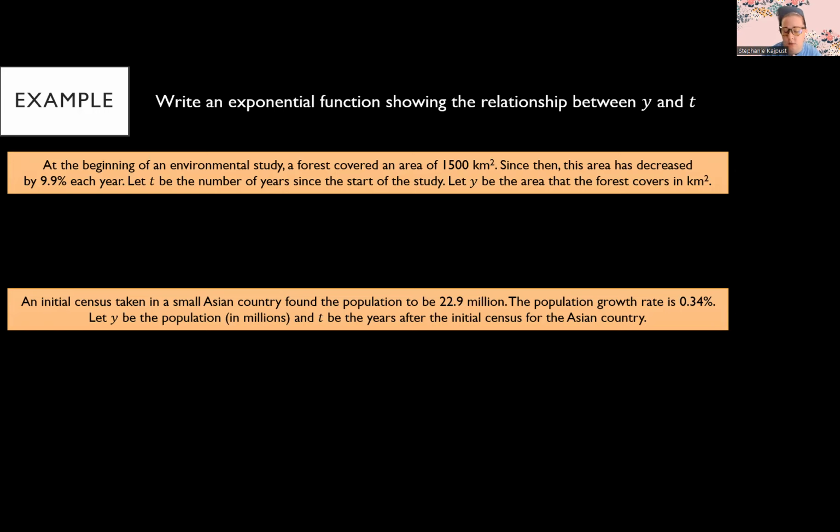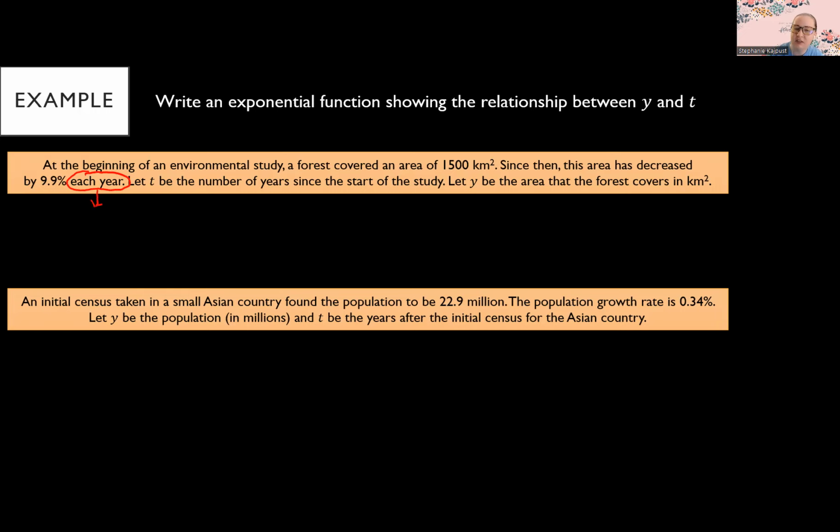So I read through and I ask myself, do I see the word continuous? And the word continuous is not anywhere in that little paragraph. So then I look to see if it's like an each or a per or things like that. And we have each year.